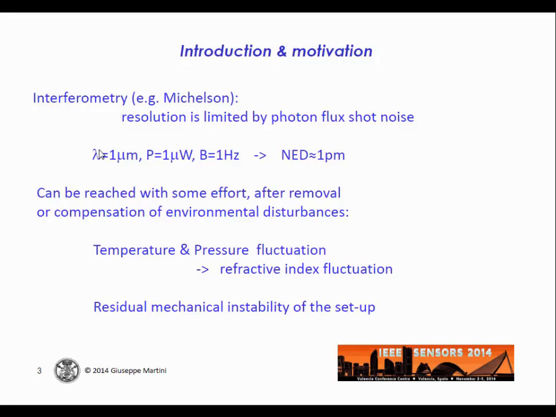But this resolution can be reached with some effort after removal of other error sources coming, for example, from environment perturbation in pressure, temperature, leading to refractive index fluctuation. And another source of errors can be a residual mechanical instability of your setup.